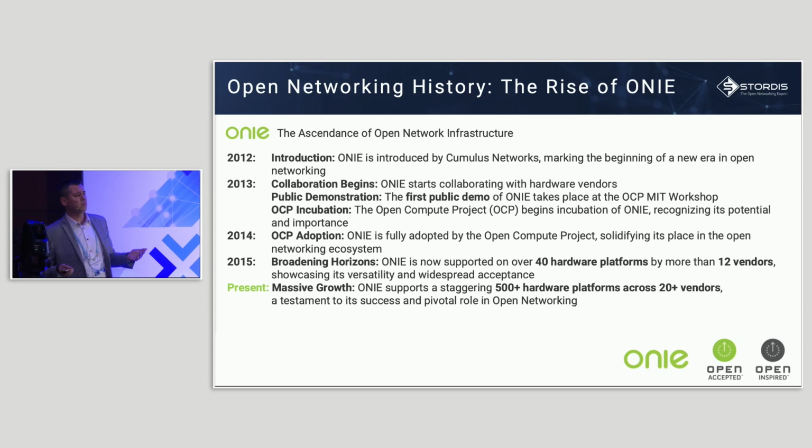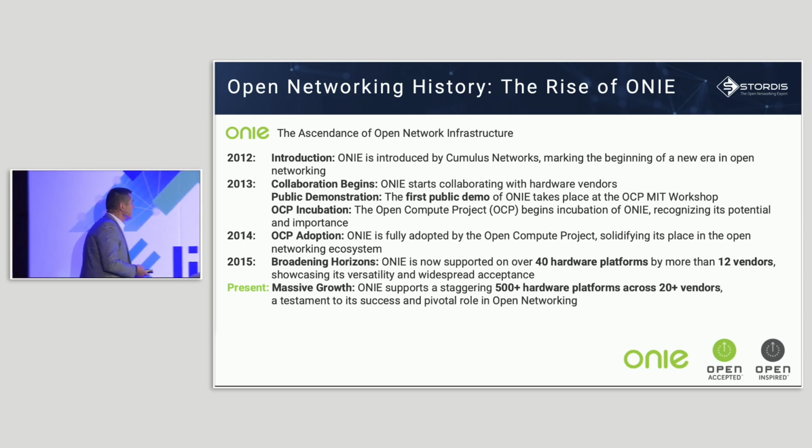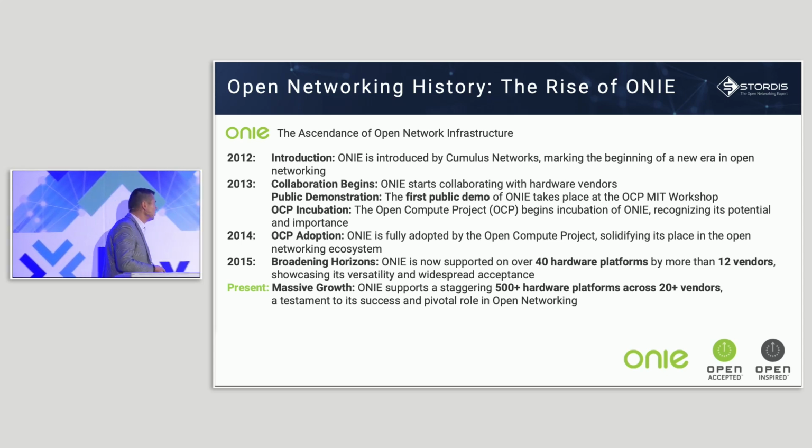Take a look at servers. Today, no one is pushing you to buy, I don't know, Dell servers with Windows on top. You are just buying servers with the right hardware parameters inside, and you are deciding on your operating software. So in 2012, it was introduced by Cumulus.